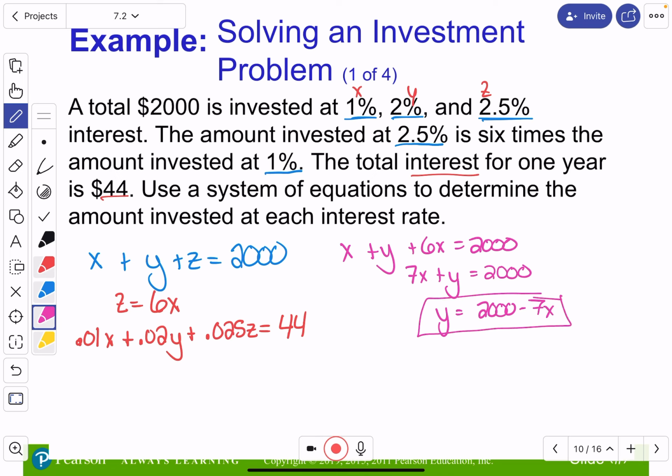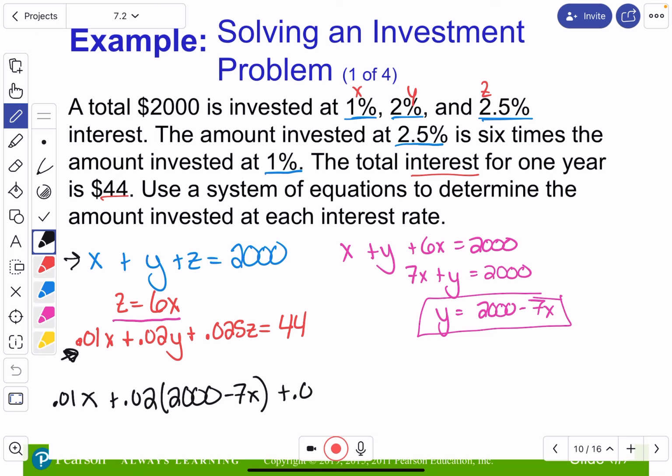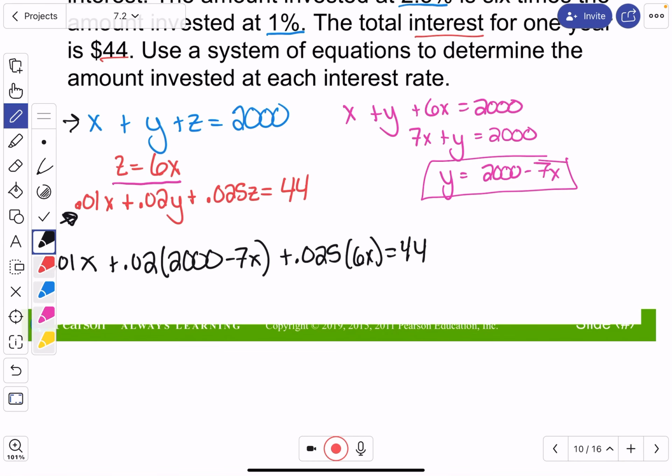So we have something that z equals in terms of x and something that y equals in terms of x. So we can plug those into the original equation, or into the interest equation. So 0.01x, and then instead of y, we're going to do 2,000 minus 7x. And instead of z, we're going to do 6x. Now we only have one variable to deal with.